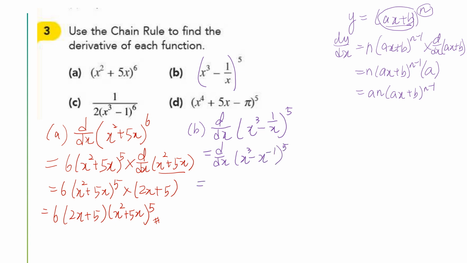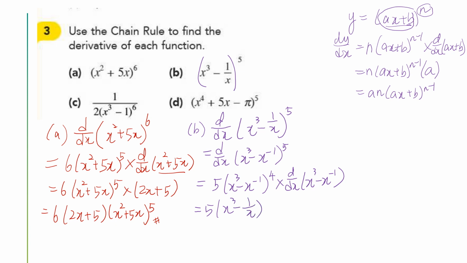Let's focus on the power, bring the 5 down. Power minus 1, that is 4, times differentiate whatever is inside the bracket. So x to the power of negative 1, change it back to 1 over x.